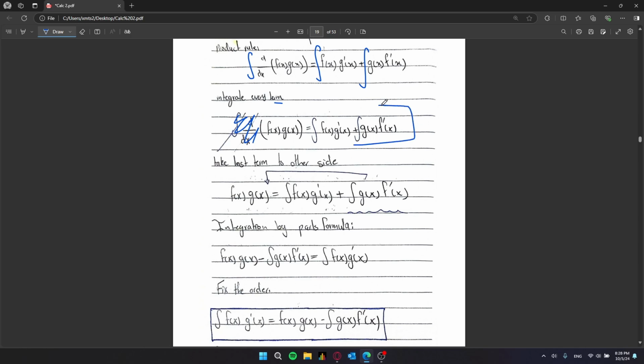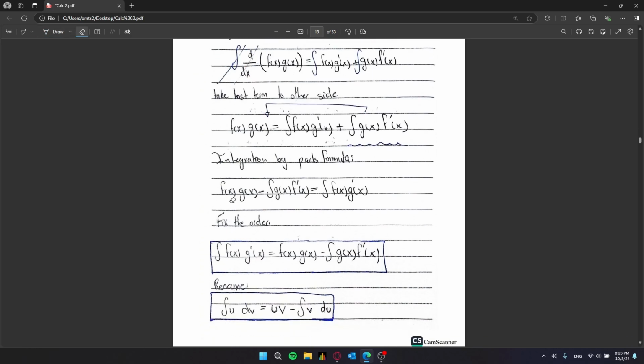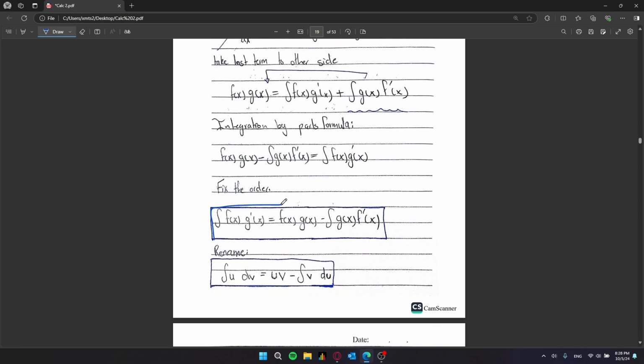Now if you take this to the other side, you're going to get the formula for the integration by parts, which is the integration of f of x g prime of x is equal to f of x g of x minus the integration of g of x f prime of x. You just arrange it a bit by swapping sides.